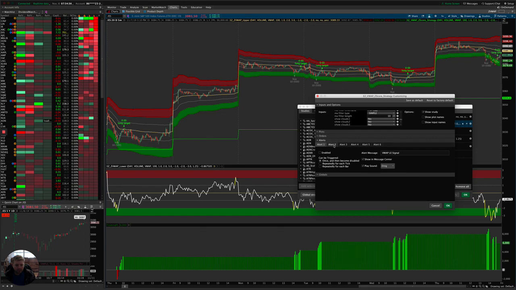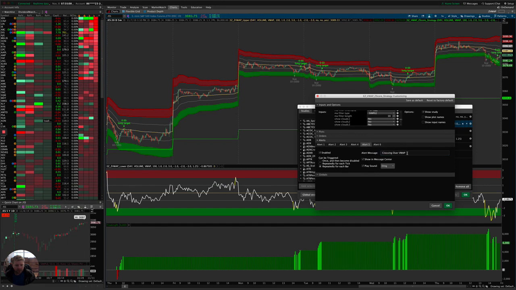And then we have alerts for whenever there's an entry, and this tells you what each alert means here. VWAP LE signal, that means long entry signal. These are just typical abbreviations that are used in backtesting. Long LX means long exit. Short entry, SE. Short exit, SX.